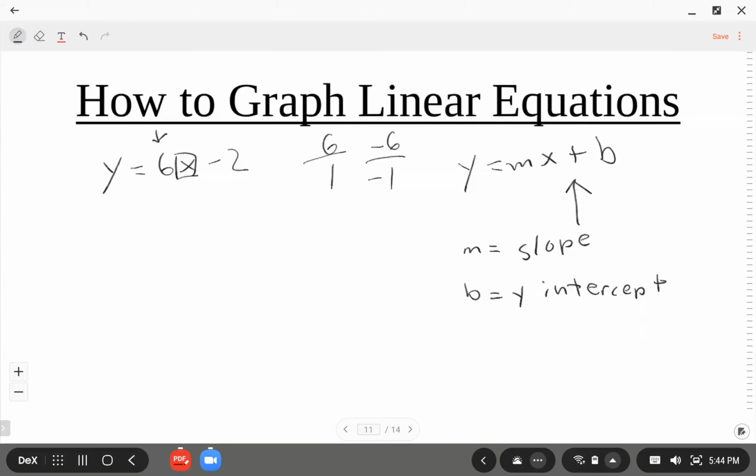So the first thing you need to do when you graph this on a coordinate plane is find the y-intercept, okay? So let's find the y-intercept. It's negative 2, right? So let's find that point and make a point right there, okay? So that is negative 2, okay? That will be our y-intercept.